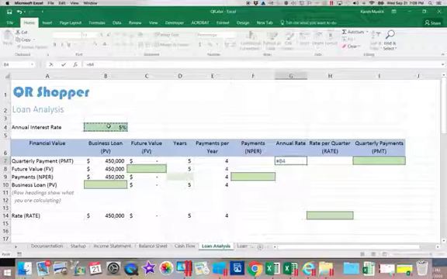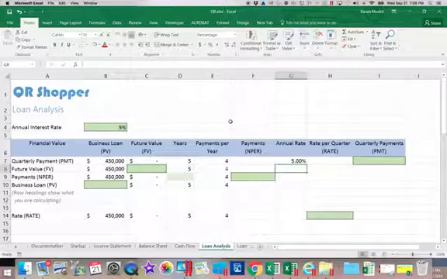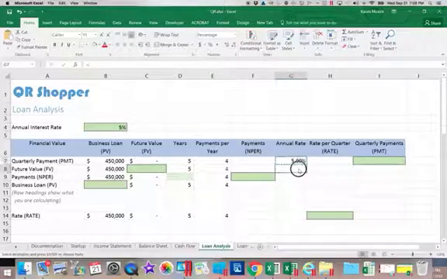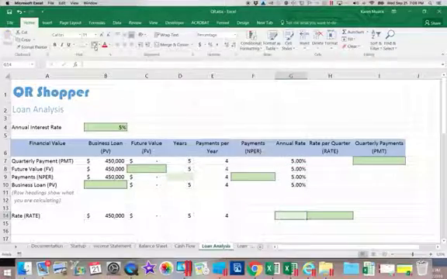So it's in B4, but instead of having to reference it up, I'm going to make it an absolute reference so that I can then copy it and include it in these other rows. Now I can't include it in this row because I will be calculating the rate per period. So we're going to have to calculate that.